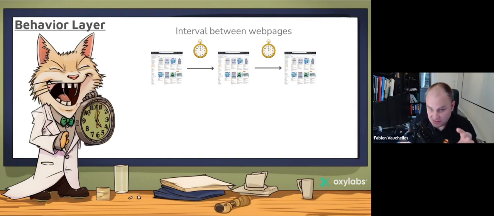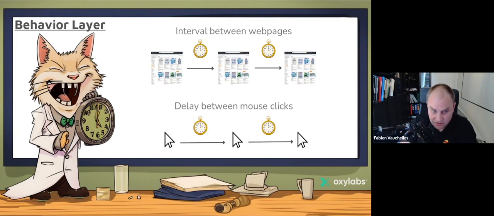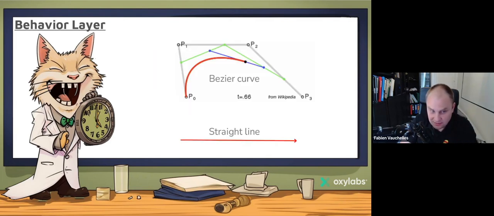Furthermore, they track the timing of our actions, the interval between web pages, the delay between mouse clicks. They also check mouse movements. Humans tend to move the mouse cursor in a natural, fluid manner, often resembling a basic curve, as opposed to straight line movements.